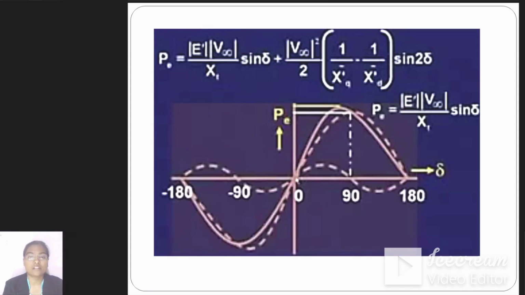It is giving you a positive result. But after 90 degrees, it starts becoming negative. When the synchronizing coefficient itself becomes negative, it is making the system move towards an unstable condition. So we never want our synchronizing coefficient to be negative.